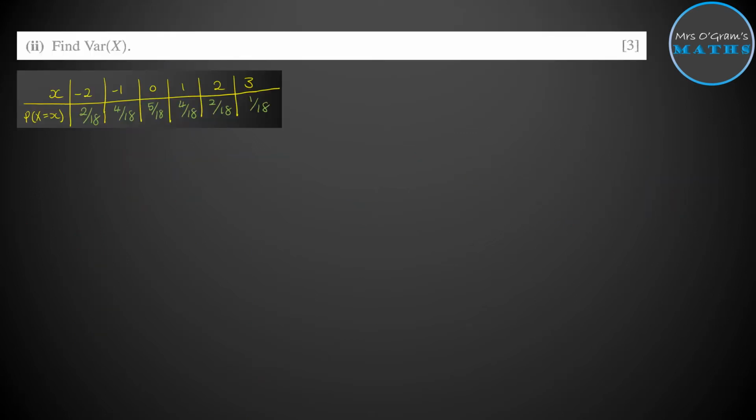Now, using that probability distribution, we will be able to work out the variance of X using the formula, where we know that E of X is to do each value multiplied by its probability and add them all up.